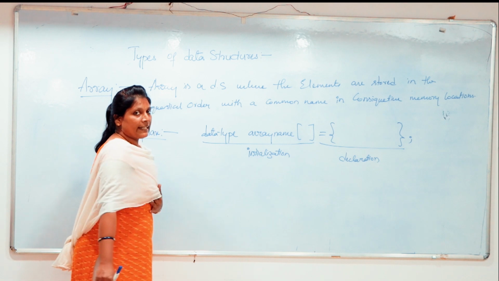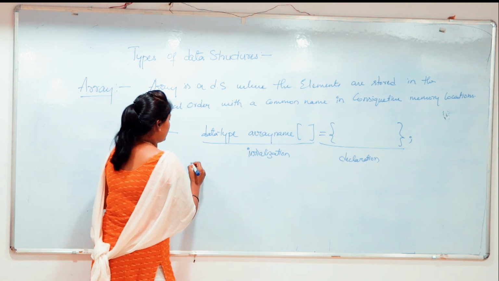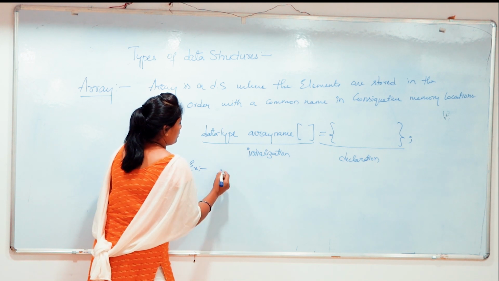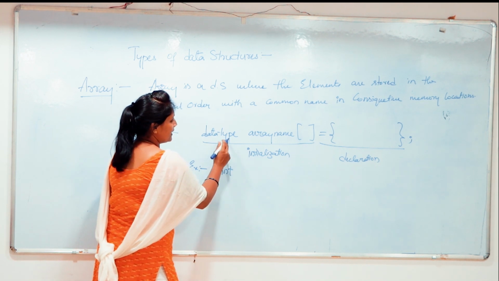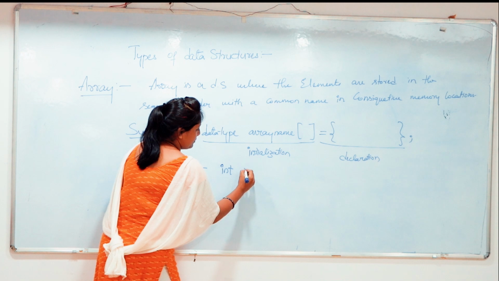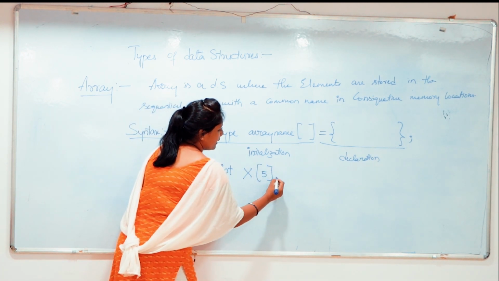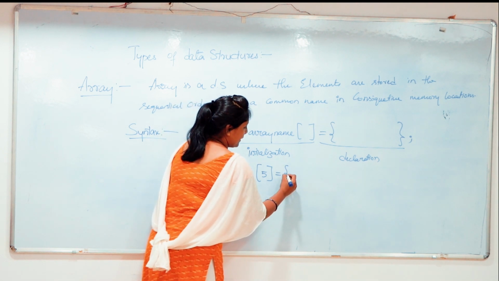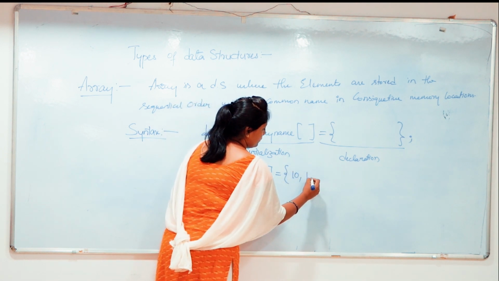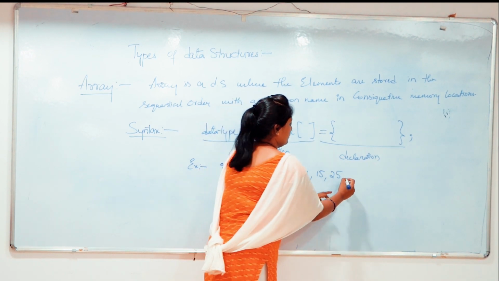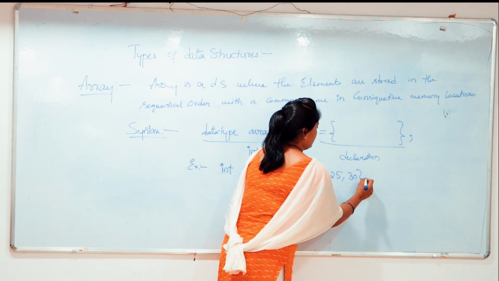Now, let us see with an example how this syntax will be written. Suppose int is a data type, and array name here I will take as x, and the size is 5, and I will take the elements 10, 1, 15, 25 and 30.